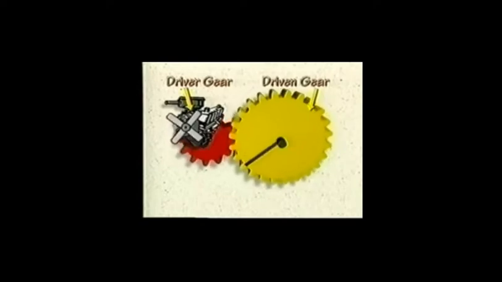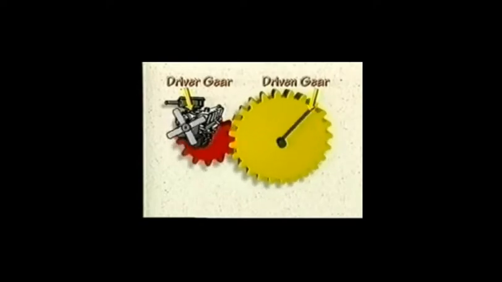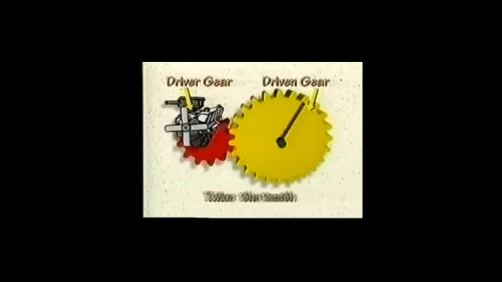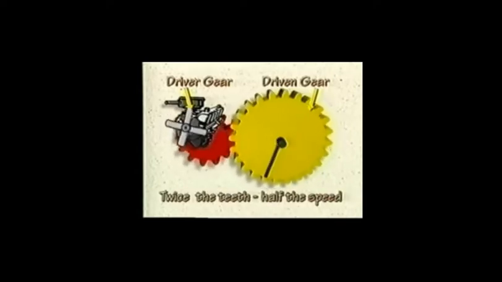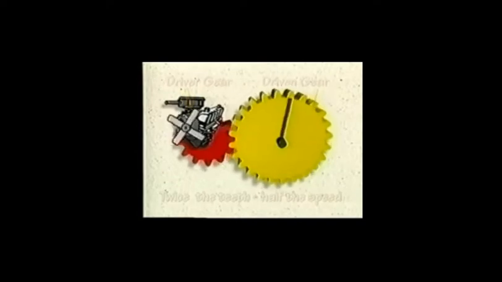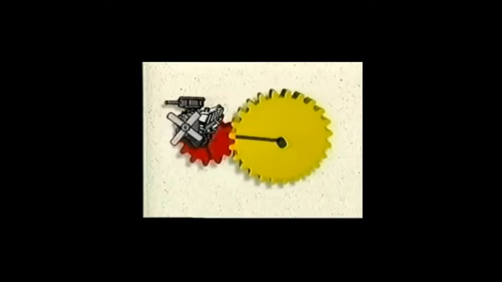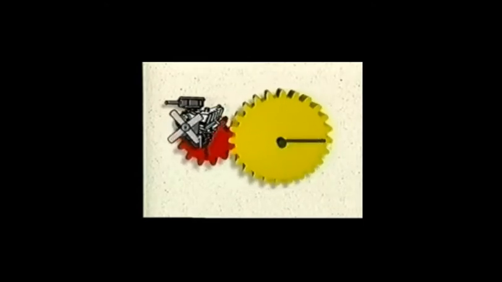Because the yellow gear is twice as large as the red gear and has twice as many teeth, it rotates at only half the speed of the 12-tooth driver gear. Since the red driver gear has only half as many teeth as the yellow driven gear, the driver gear must make 2 revolutions to every 1 revolution of the driven gear.